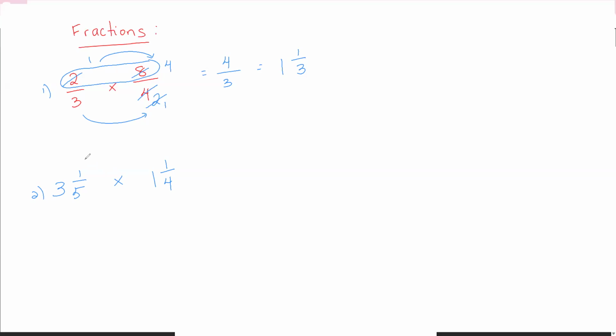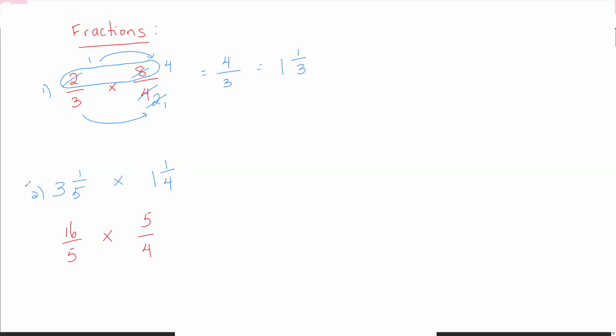So to change to an improper fraction, we know that we're going to multiply the whole number by the denominator, and then we add the numerator. So multiplying whole number by denominator, 5 3s, that's 15. Add 1, that's 16 over 5. 1 4 is 4. Add 1 is 5 over 4.